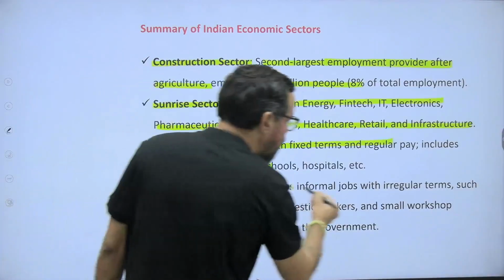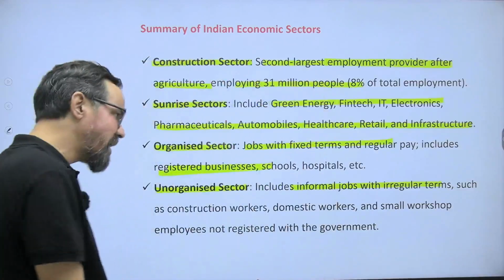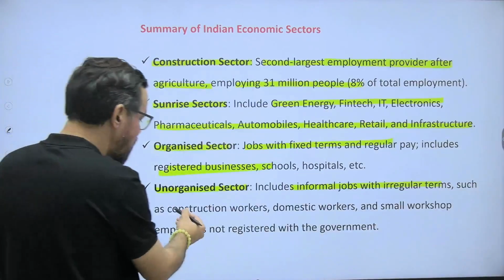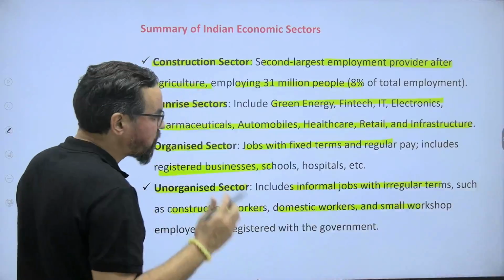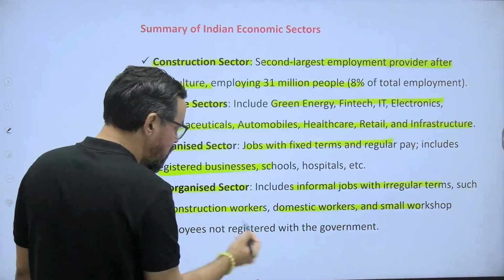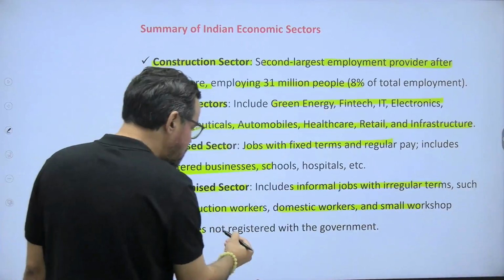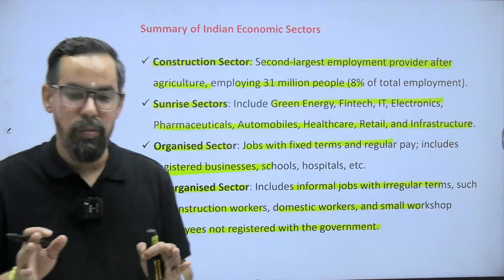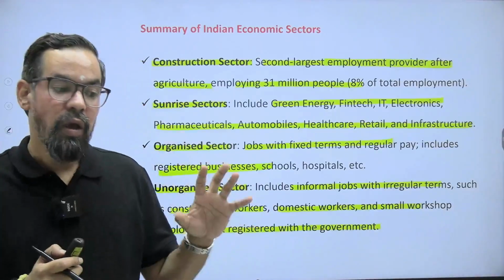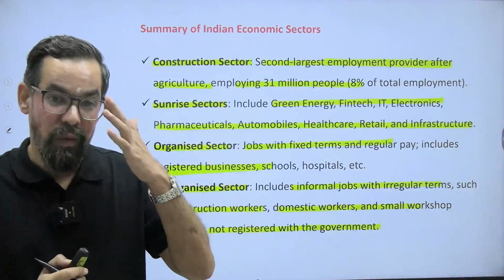Unorganized sector includes informal jobs with irregular terms such as construction workers, domestic workers, house maids and all. Small workshop employees are not registered with the government itself, right? So this is all about the content or concepts you require from this particular unit.